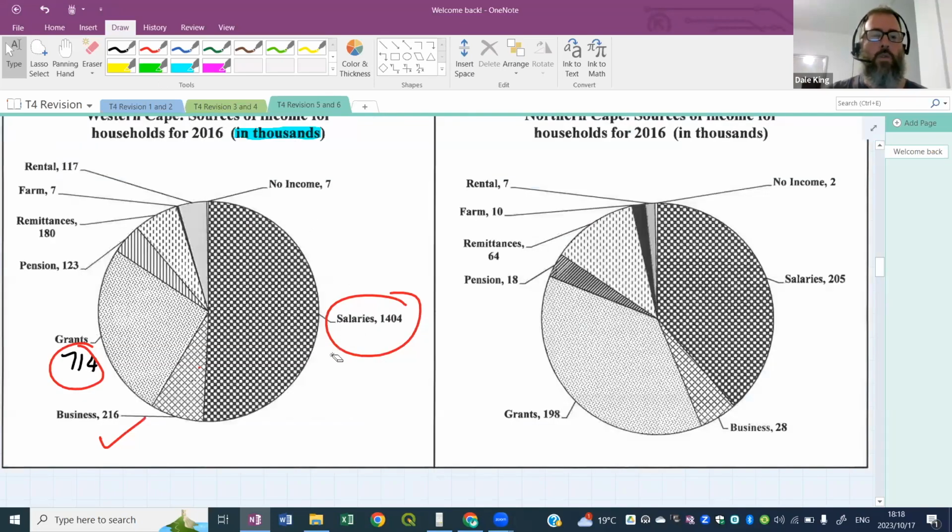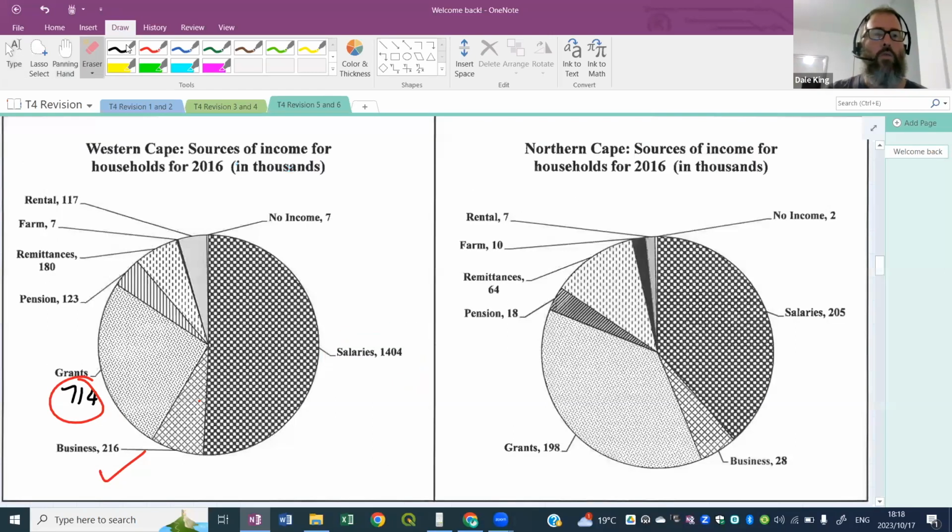What is the difference between the two provinces for business? Have a look at that, and put some answers up when you can, or give us a thumbs up when you're done so we can move on.